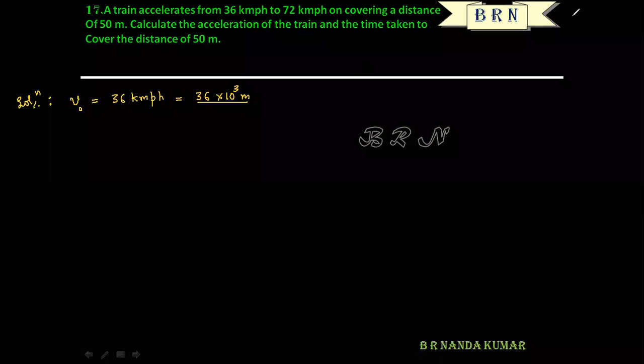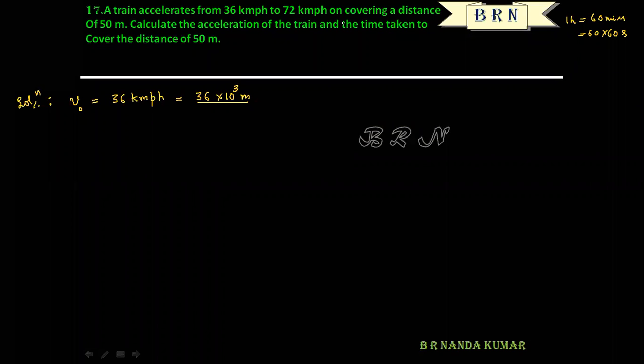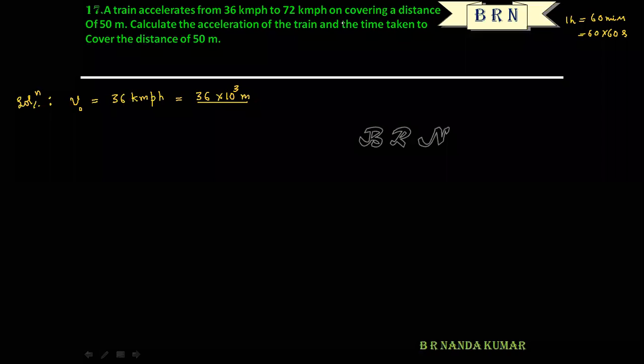So 1 hour is 60 minutes. 1 minute is 60 seconds. So 60 into 60 is 3600 seconds.